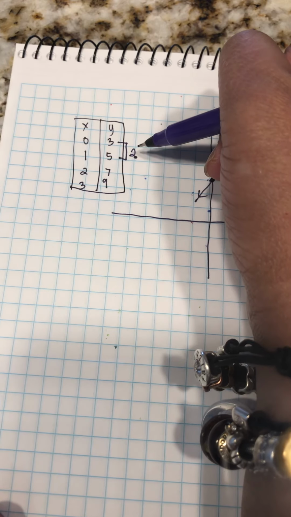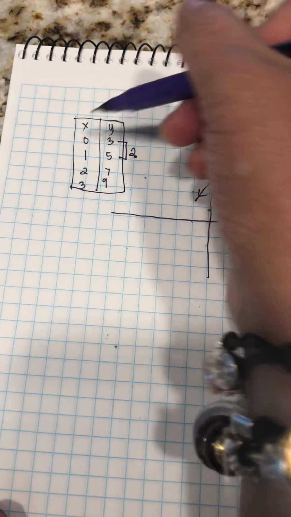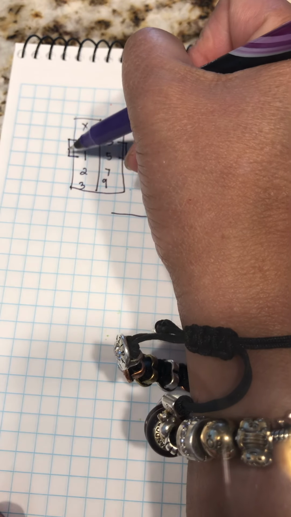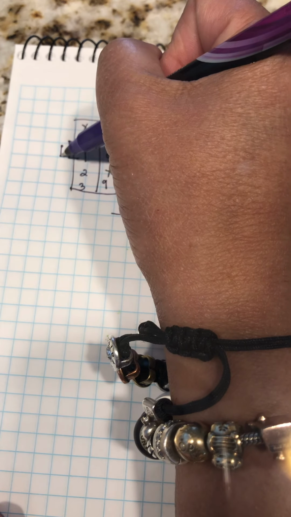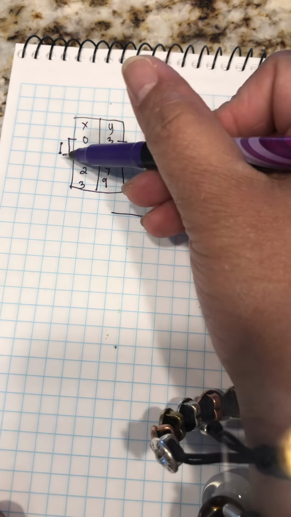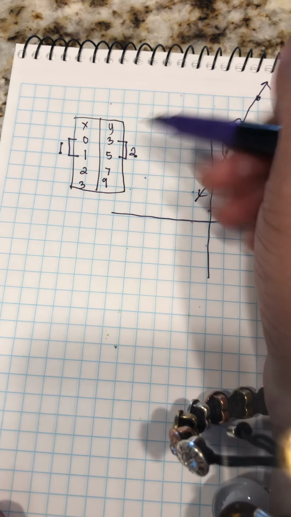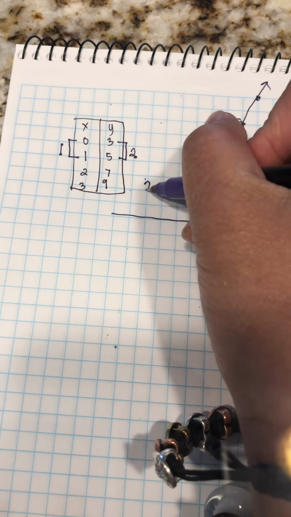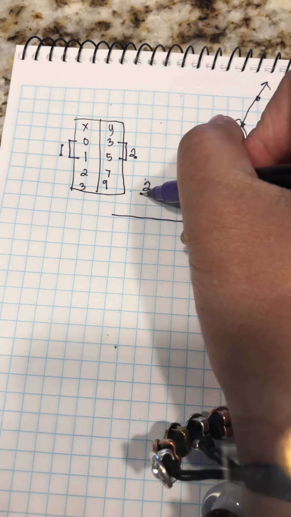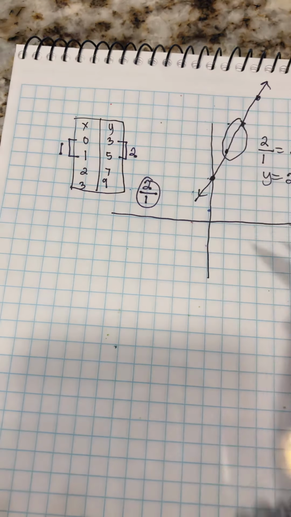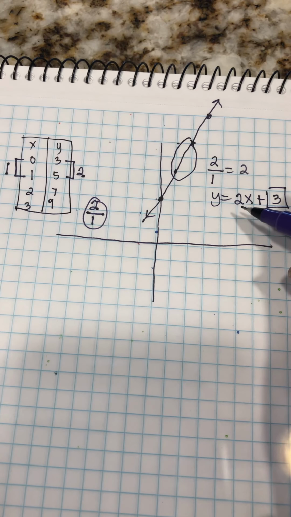But don't forget that you also have to look at the change in your x value. So from 0 to 1, there is a change of 1. Which means for every 2 steps up, you go across 1. So your slope is determined by how many steps did we go up divided by how many steps did we go across. So your slope is 2.